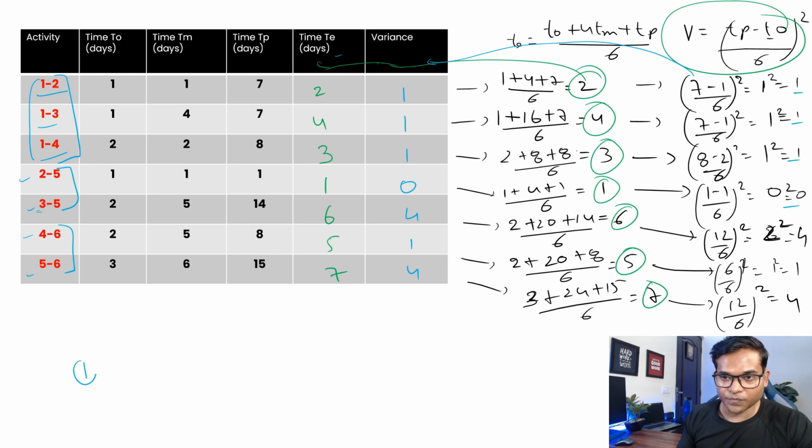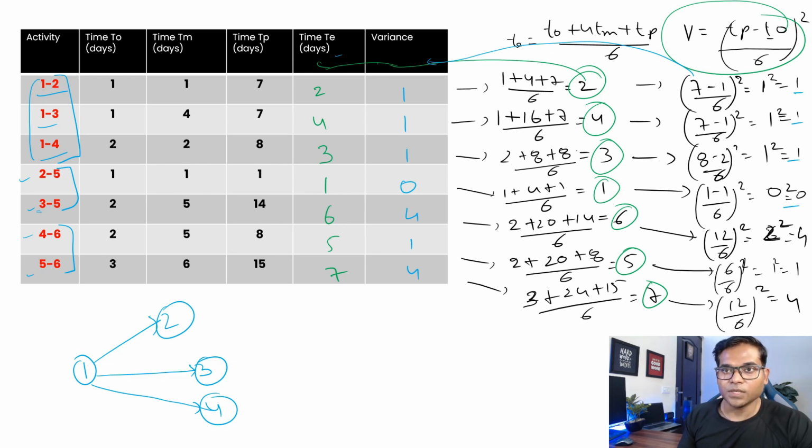So if you see 1 here, then we have 2, right? And then we have here 3, and then we have 4. I can just put the arrow here, and then from there 5 is a node, but 5 is basically the converging point for 2 and 3.